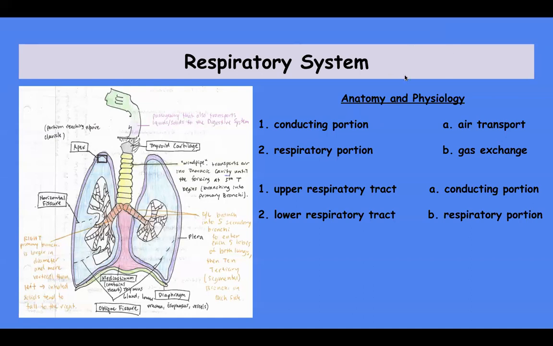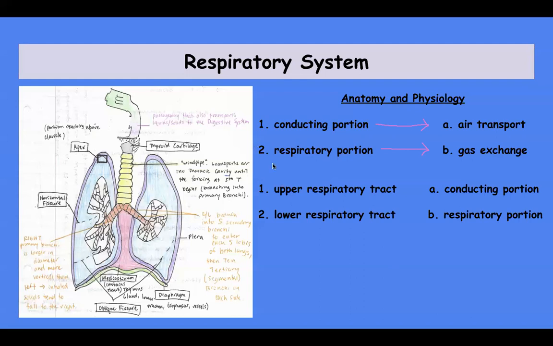All right, so I'm seeing in the chat that a lot of comments are saying that the conducting portion is responsible for air transport, and the respiratory portion is responsible for gas exchange. And on the next slide, it'll reveal the answer, and we'll talk about that. So thank you for answering the first portion of this. Let's answer the second portion of this, and then the next slide will have the answers to both of these.